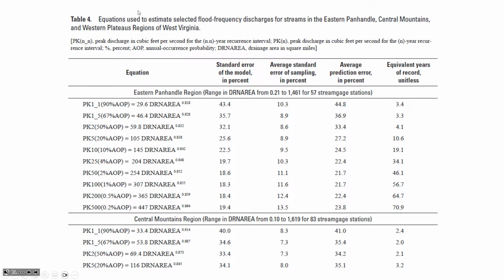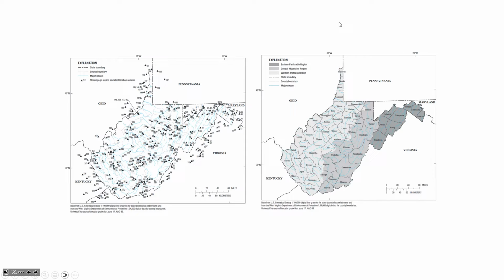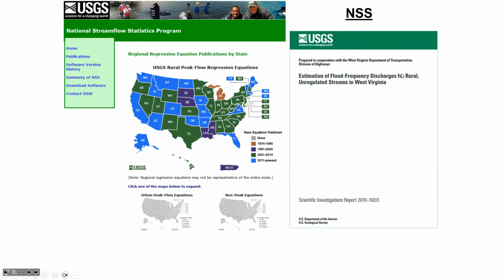Now, by the way, if we look at the title of it, it's for rural unregulated streams. So you can't use this to predict what's going to be the flow rate in the Ohio River, because the Ohio River is regulated. There's all kinds of locks and dams controlling the flow. So this is for rural unregulated streams.